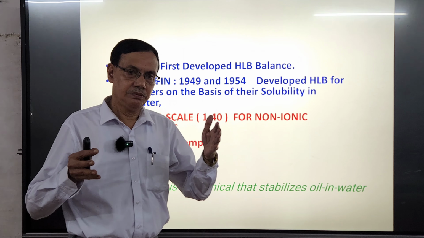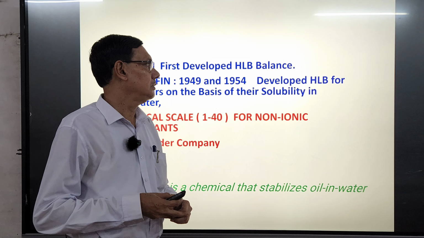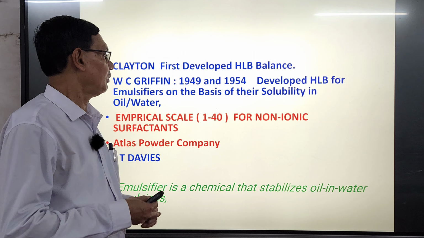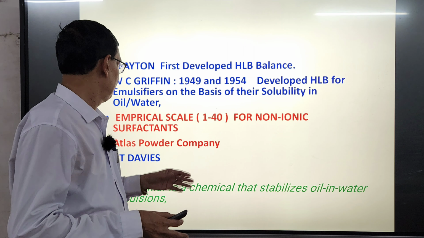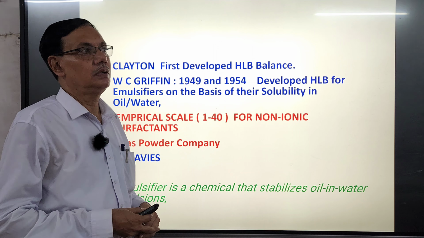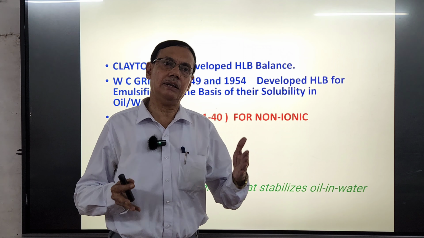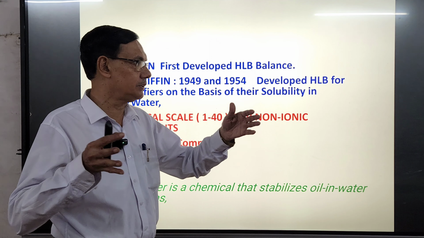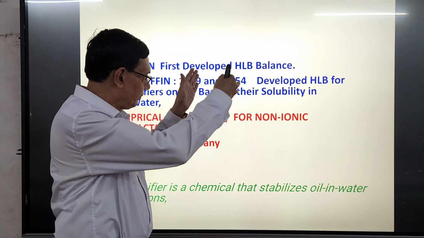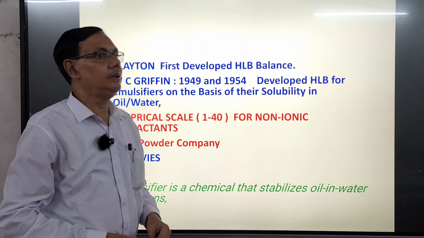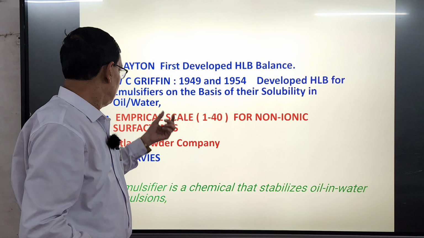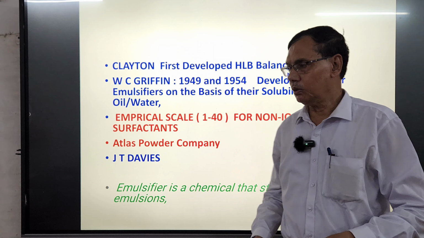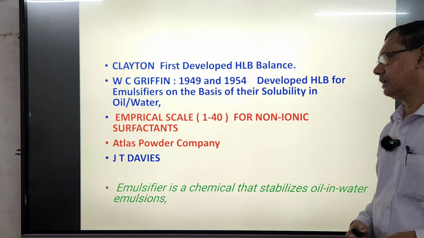He determined the HLB scale for different types of non-ionic surfactants, of course on the basis of their solubility, oil in water. So you can call it an empirical scale, because on the basis of several data, they figured out the HLB balance. Griffin was working in the Atlas Powder Company.